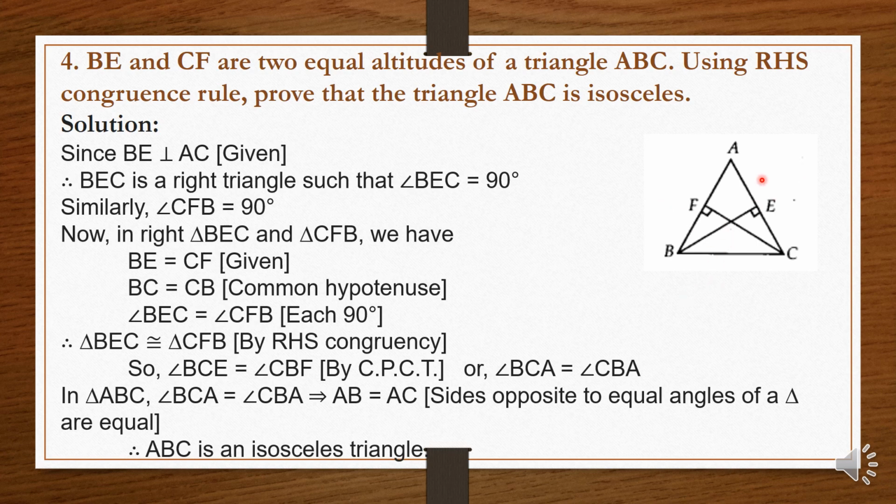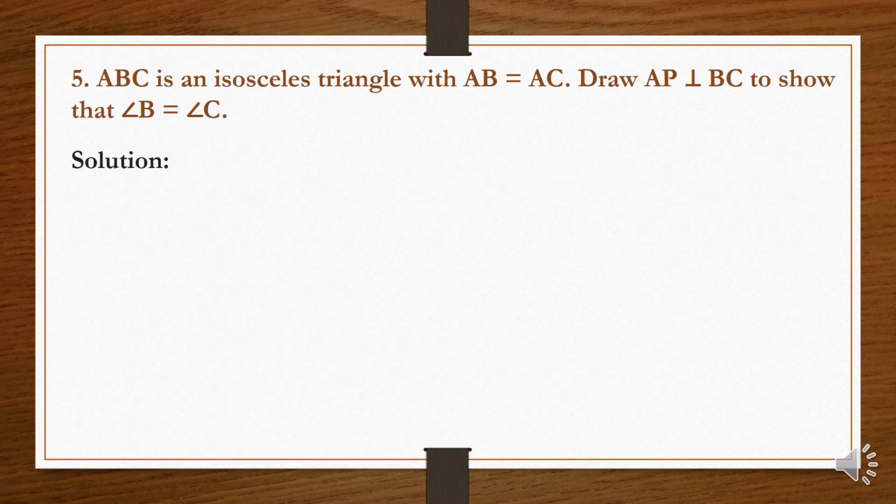For angle B, the opposite side is AC, and for angle C, the opposite side is AB. And hence we can say that AB equals AC using this theorem, where opposite sides of equal angles are equal. Hence, since two sides AB and AC are equal for triangle ABC, therefore ABC is an isosceles triangle.